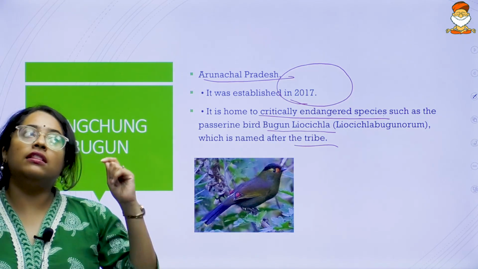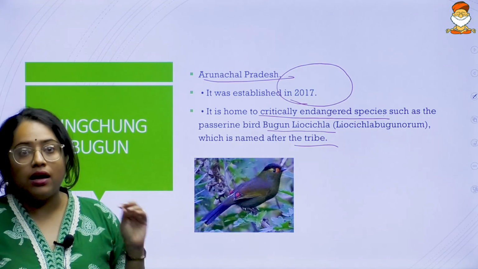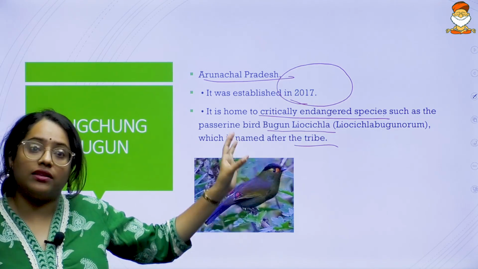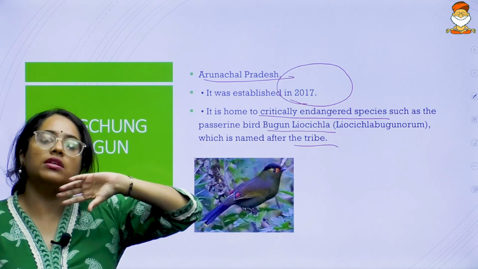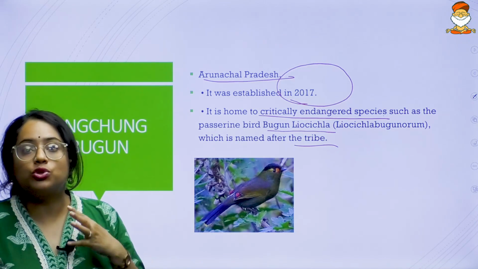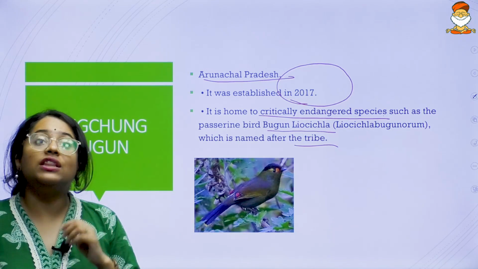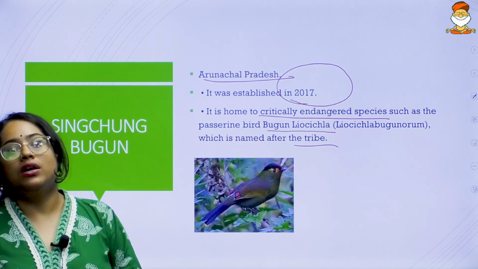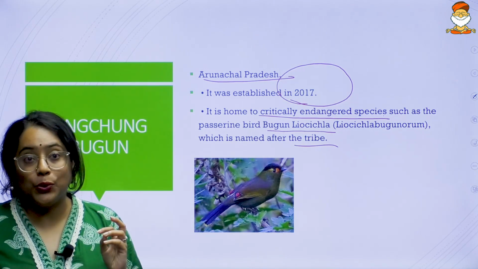And at least 4 years back, the population of the species over here was severely affected, and the tribes took so much effort to bring it back, and this was acknowledged by the Champions of the Earth Award that was given by your UNEP.